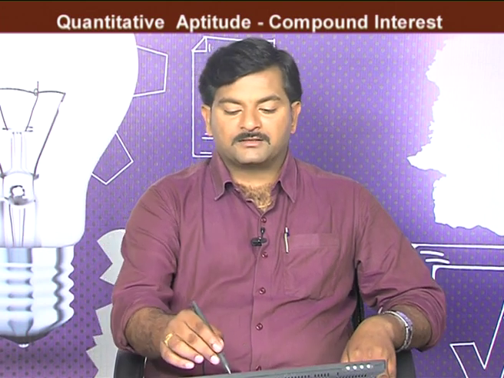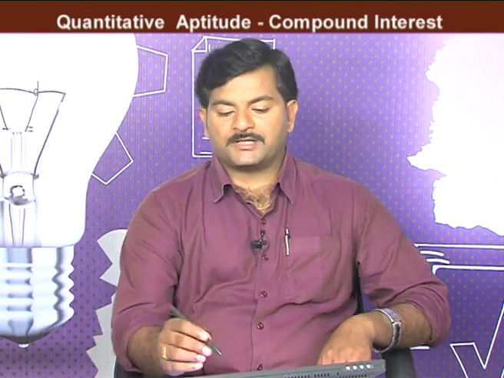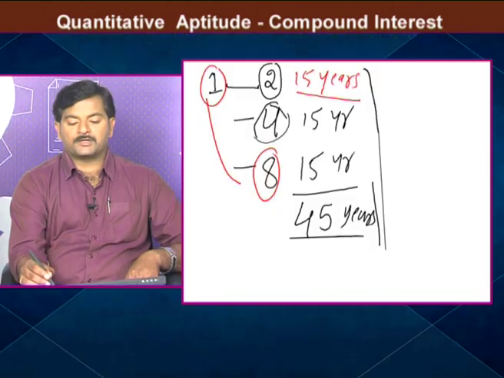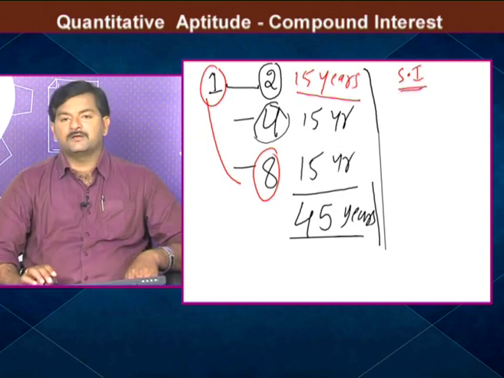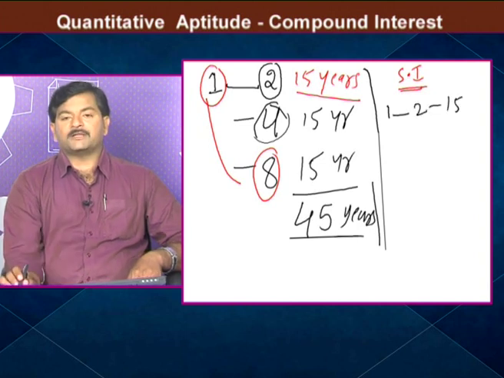See here, I need to say one more point. For example, if it were a question from simple interest, what would you do? Here the question is regarding only compound interest, but if it were given regarding simple interest: I borrow 1 rupee, it becomes 2 rupees in 15 years.